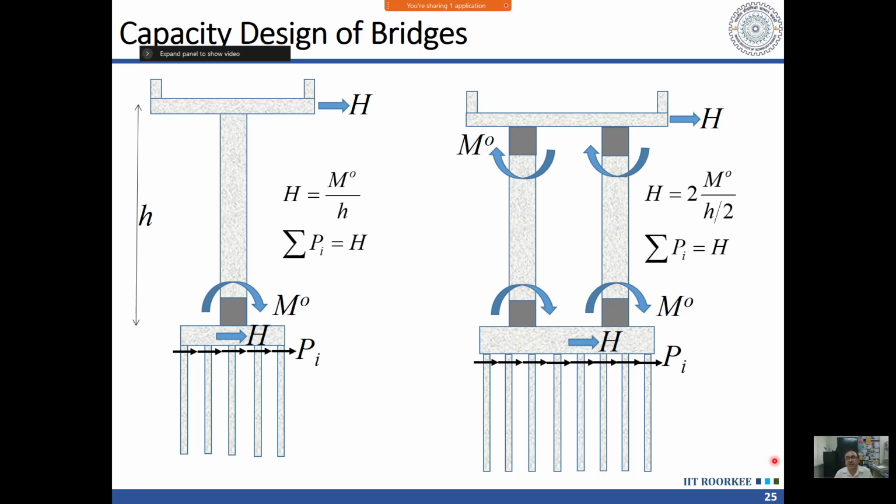That will increase the demand on the foundation, and if that foundation is not designed properly for that increased demand, then the damage will shift from the pier to the foundation, and foundation damage neither will be visible nor will it be possible to repair it. So that has to be avoided.